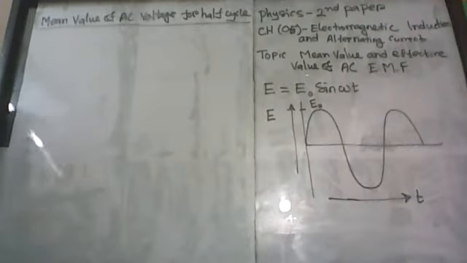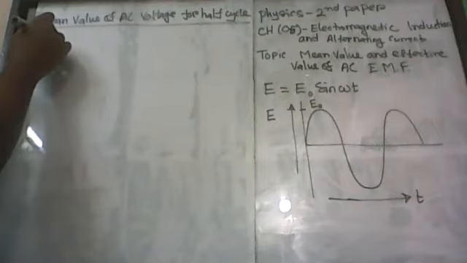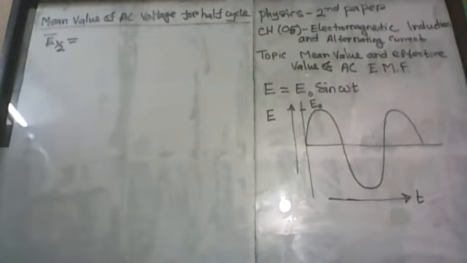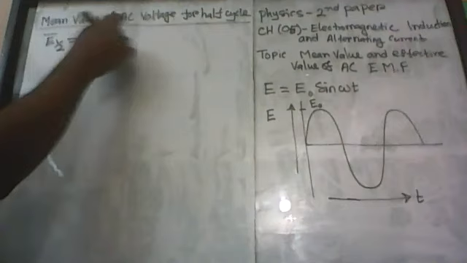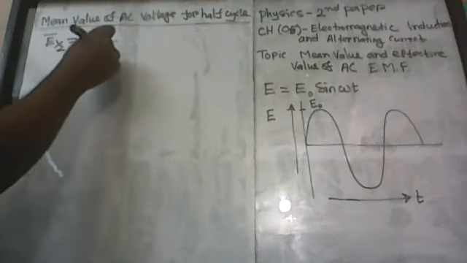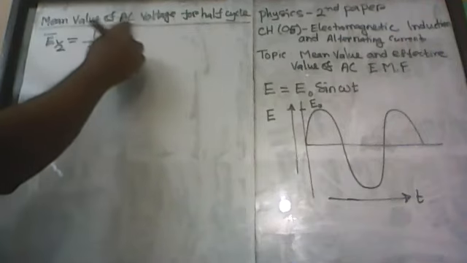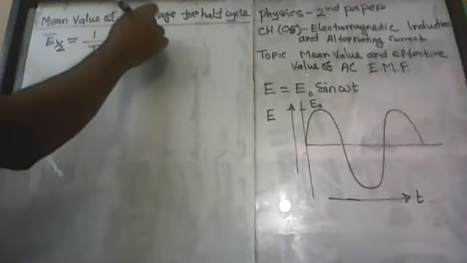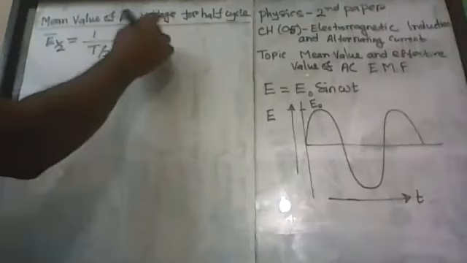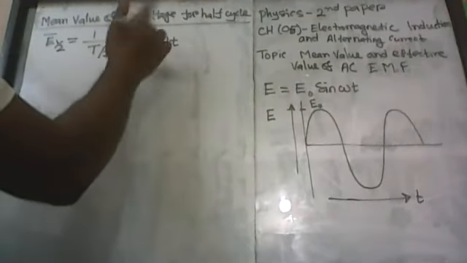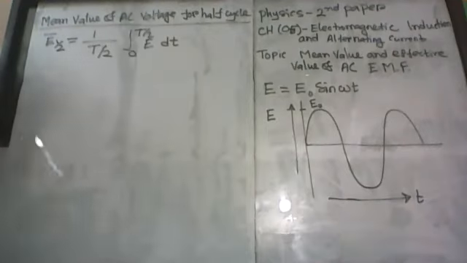I'm just considering here the value of half cycle. You know that the average value of AC electromotive force for the case of half cycle is denoted by E half. It will equal 1 divided by T by 2, the half time period, multiplied by the integral from 0 to T by 2 of E dt.